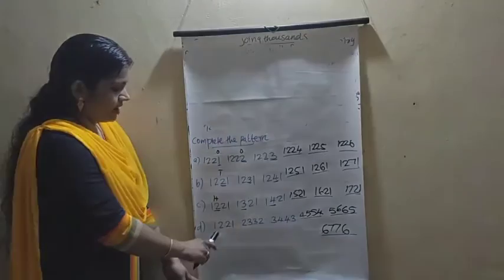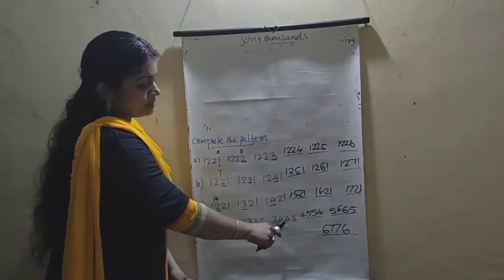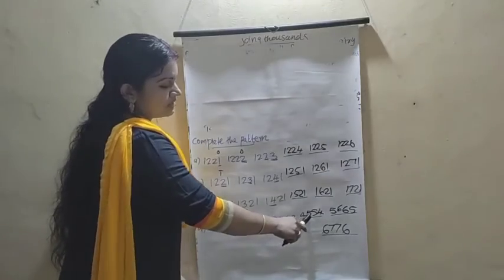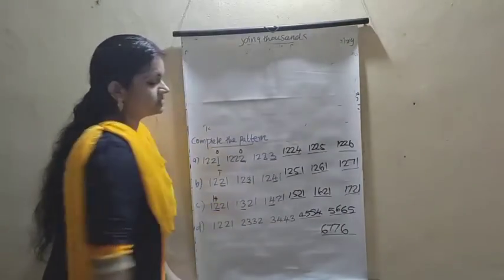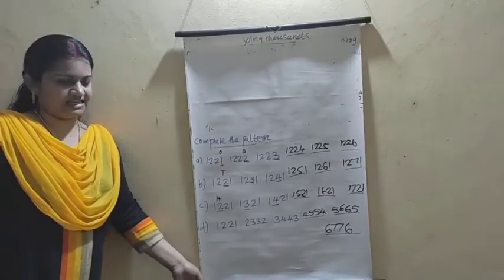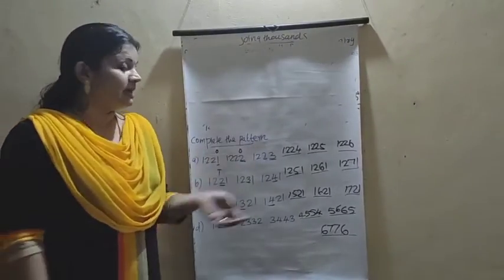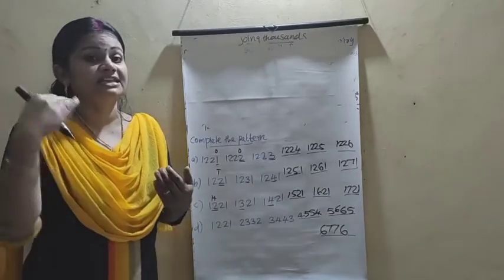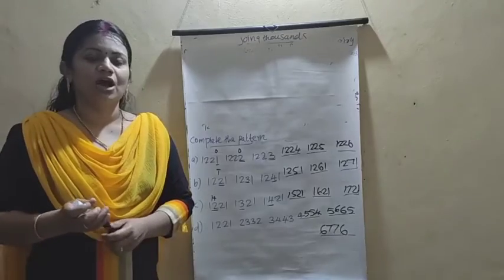Understood the last question? 1221, 2332, 3443, 4554, 5665, 6776. So this is how to complete the pattern: first you check which places are changed, then you write the next numbers.